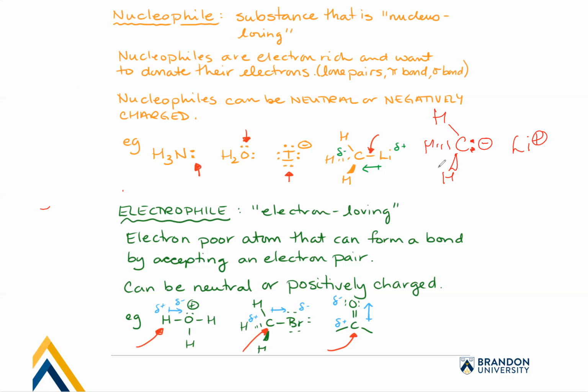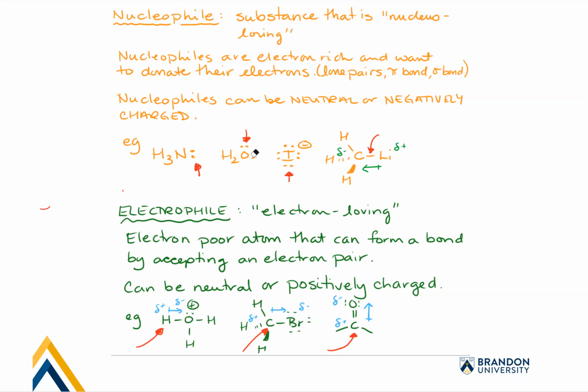So it makes it super reactive, a very, very strong base. It is technically a covalent bond, not an ionic bond, but this carbon with a delta minus doesn't want that delta minus at all. So it's a very reactive species overall.